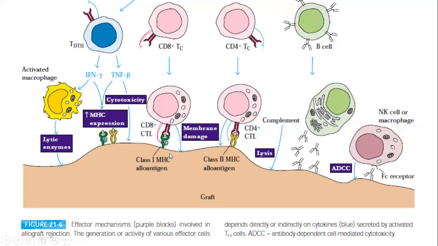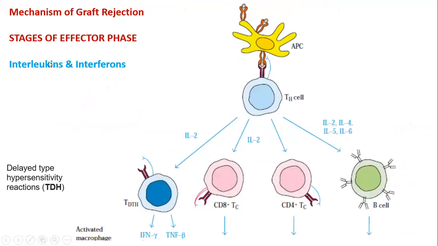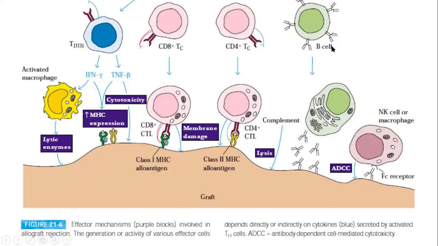This is a fundamental mechanistic view. Interleukins and interferons play a key role in that. We will look further at this in unit 4, where we will talk much more about cytokines. But fundamentally, when the transplant is rejected by the host, these are the mechanisms it can involve.